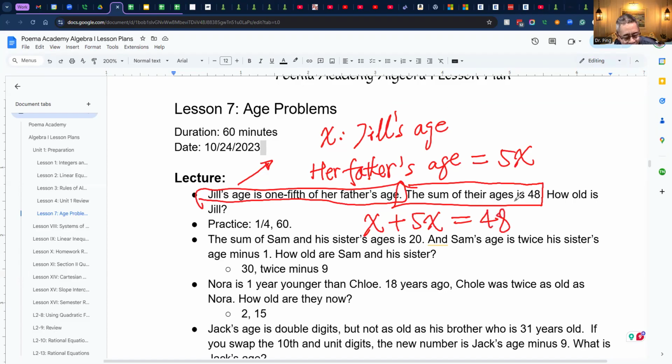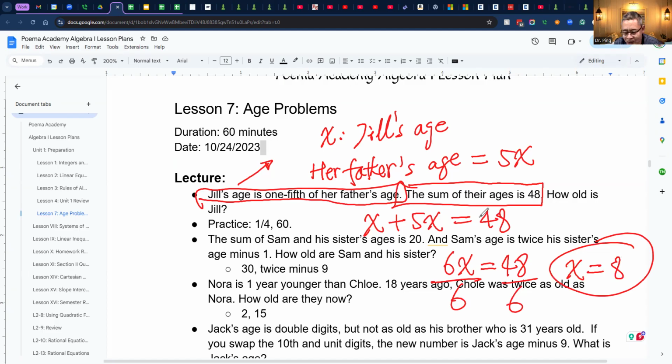So when we do algebra, it is basically about setting up the equation and then solving it. So x plus 5x is 6x, that equals 48. Then we divide by 6 on both sides, then x is 8. So Jill is 8 years old, and her father will be 5 times 8, 40. Now 40 plus 8 is 48, so we know we got that right.